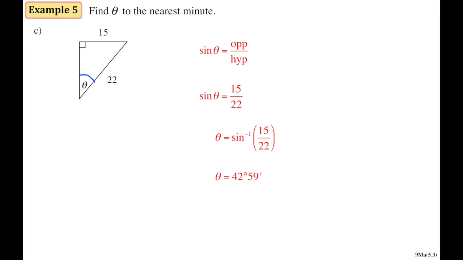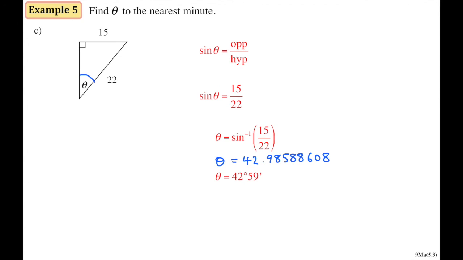Let me just put that into my calculator, inverse sine of 15 over 22. This is the answer, I just want to write this down. It gave theta equals 42.98588608.